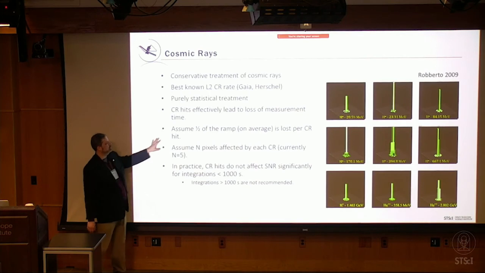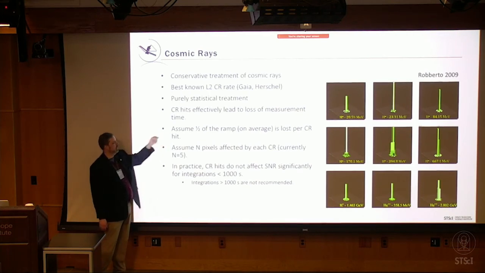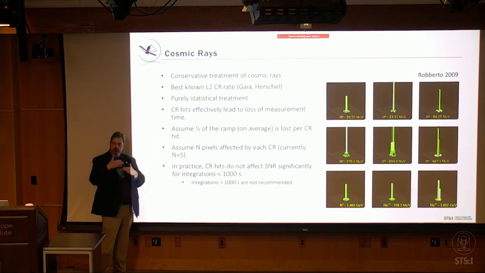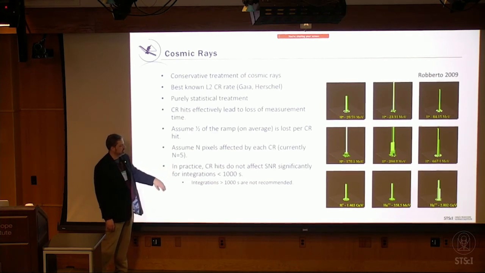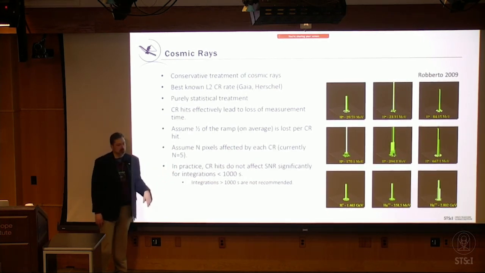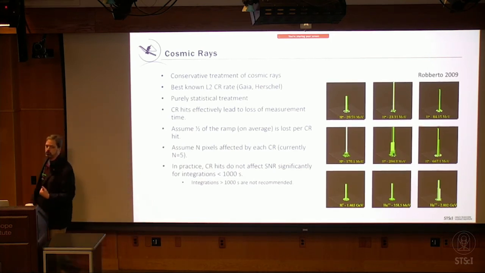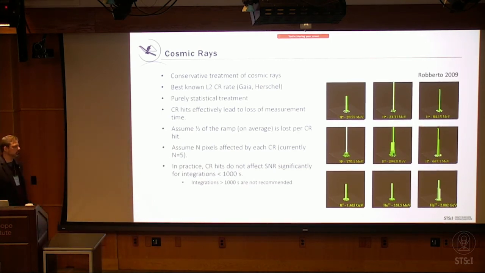And we make a very conservative estimate that half of the ramp on average is lost per cosmic ray hit. This is conservative because when the pipeline actually corrects for cosmic rays, it'll be a bit better than that. We also assume that a number of pixels will be affected by each cosmic ray. So in practice, you start to get significant effects from cosmic rays if you have integrations that are longer than about 1,000 seconds. If you're shorter than that, you're all right.